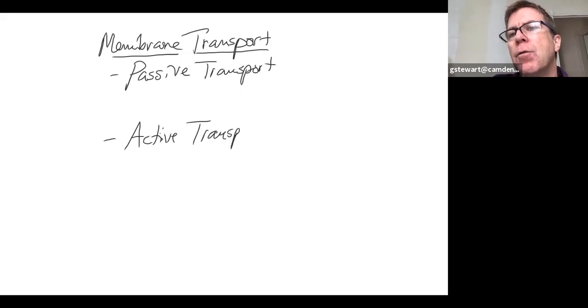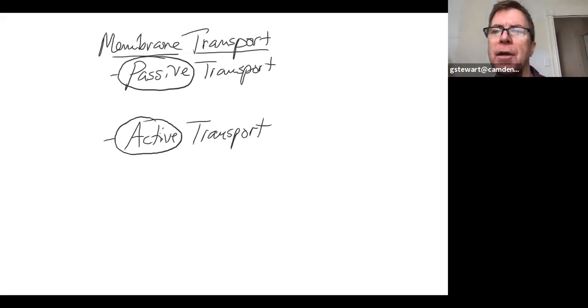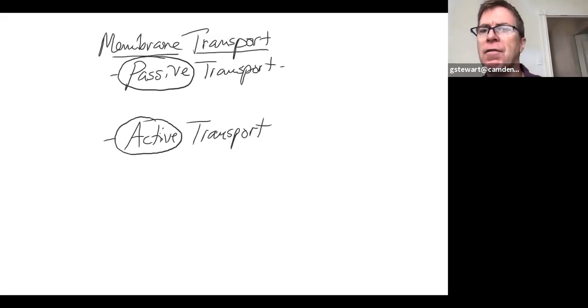When I see these two words, I always think passive means no energy is required. Active means we have to use energy in order for it to happen, basically ATP. So passive transport is just basically things moving from where they are of higher concentration to lower concentration. I'm going to write no energy required.